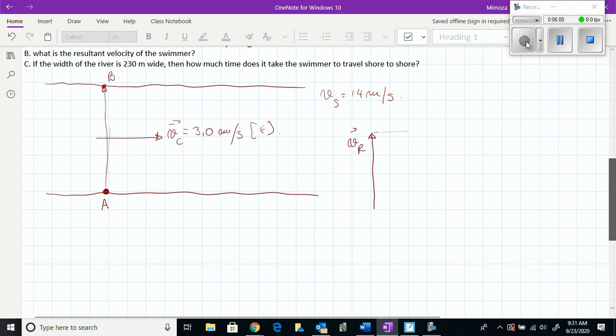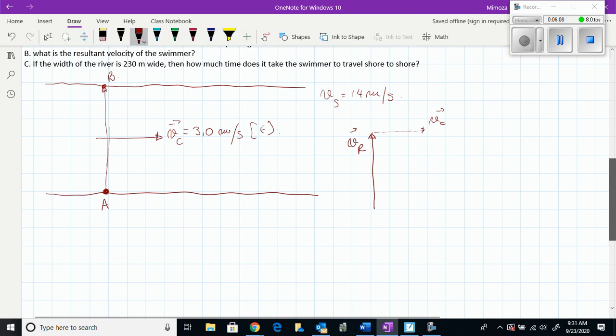And then if we were adding the velocity of the current, we will do it this way, since we are going with the opposite of that, because the v of the current, and then the v of the swimmer, the velocity of the swimmer will be this way.